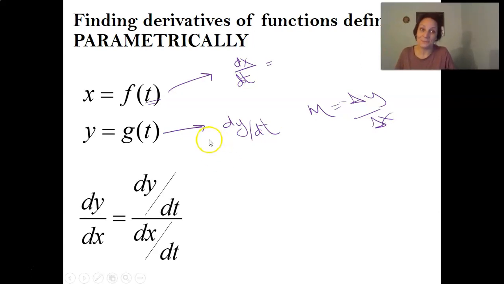Okay? And here's how we do it. It's pretty darn tricky. If you want dy dx, all you have to do is take your dy dt expression and divide it by your dx dt expression. And again, here's where this notation is handy, because you can think of dy dx not as just notation, but as individual pieces that mean something, right? dy is a teeny tiny change in y, and dx is a teeny tiny change in x.